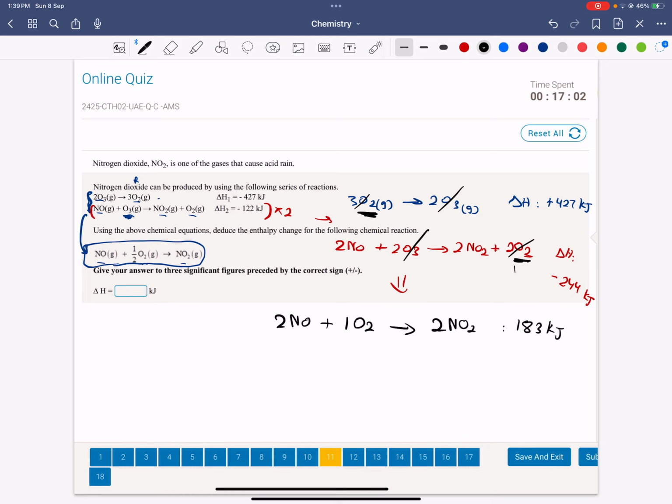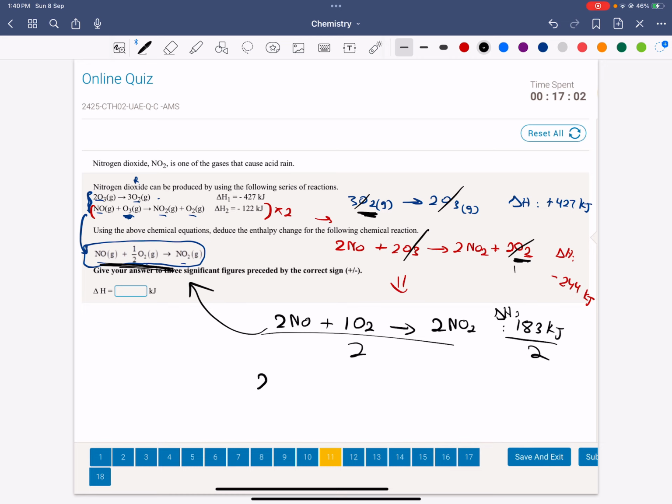No, we are not done yet. Why? Because the final equation has one NO and not two NO, and it has one NO2, not two NO2, and it has half O2, not one O2. So how are we gonna go from here to here? We basically divide by 2. We divide everything by 2 along with our enthalpy change.